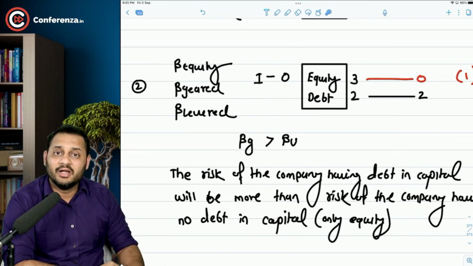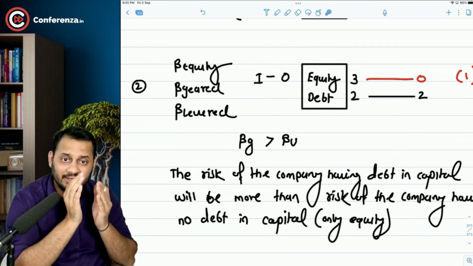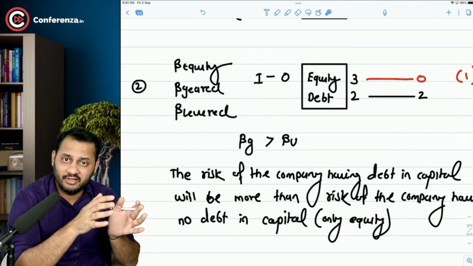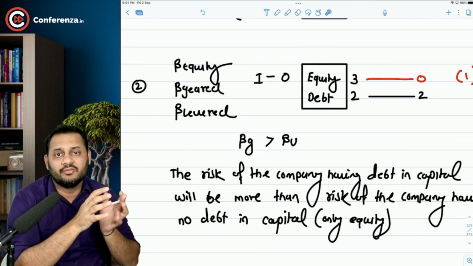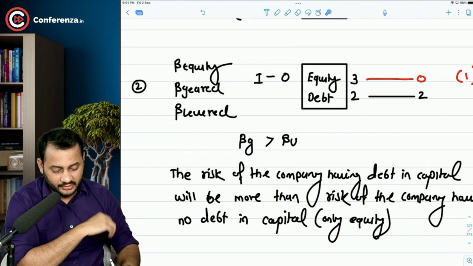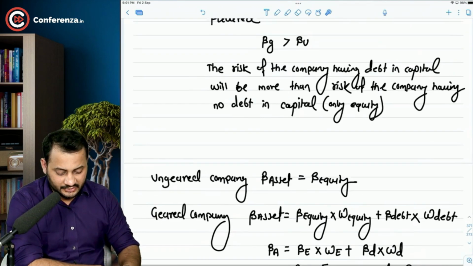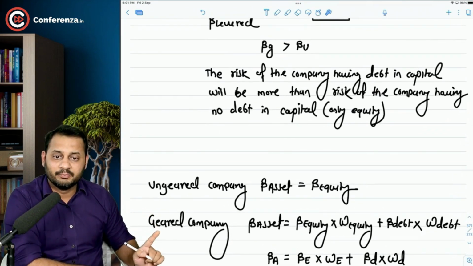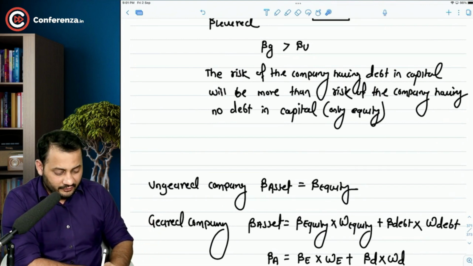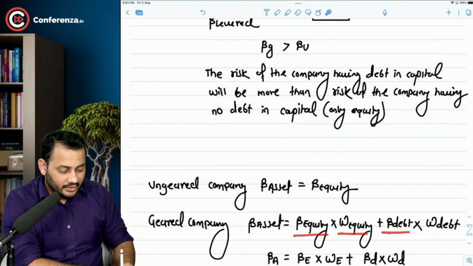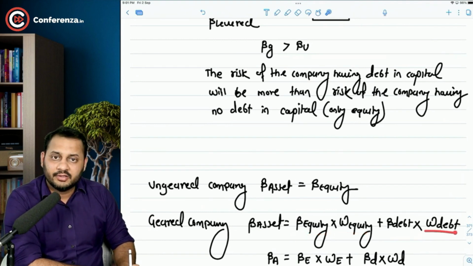So we will have to multiply the beta of equity with the weight of that equity and the debt beta with the weight of that debt. It will look like this. If you want to calculate the asset beta of a geared company, it will include equity beta into weight of equity, plus debt beta into weight of debt, simply.